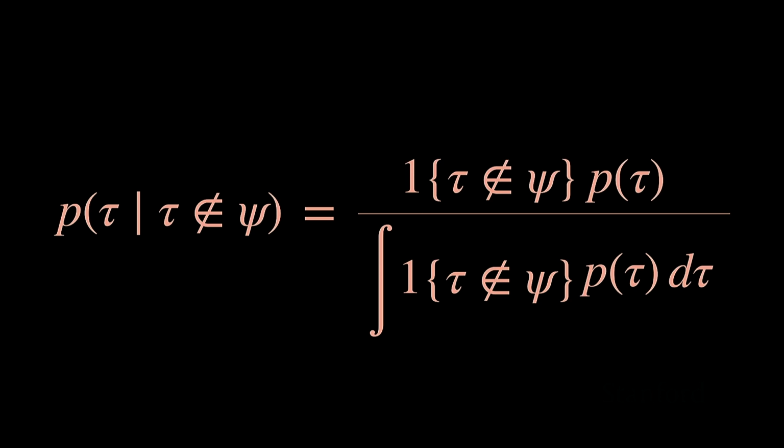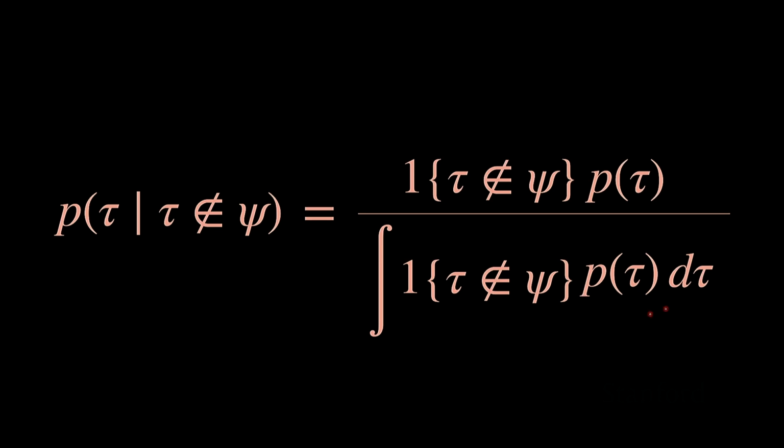If it is a success, not a failure, the function returns a value of 0. And p of tau here is just our nominal trajectory distribution. So this numerator returns p of tau if our trajectory is a failure, because the indicator evaluates to 1, and if our trajectory is not a failure, the numerator is 0. This is really what's going on to get the failure distribution.